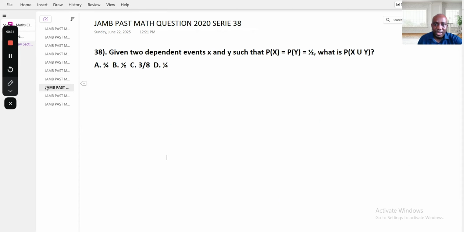Given 2 dependent events, X and Y, such that probability of X equals probability of Y equals half, what is the probability of X union Y?